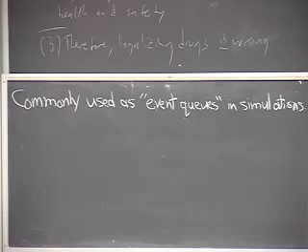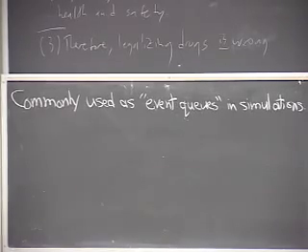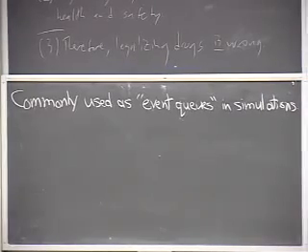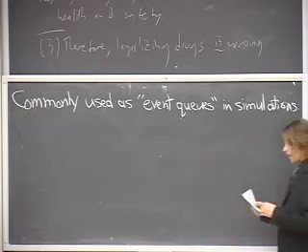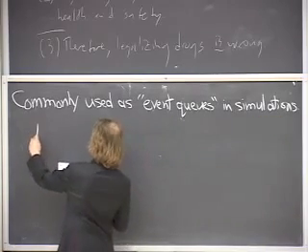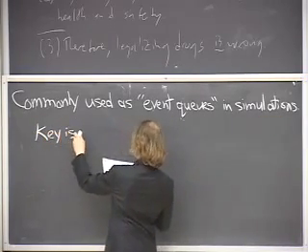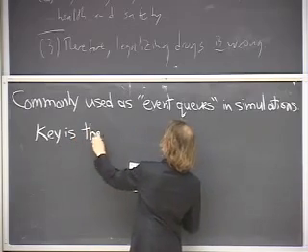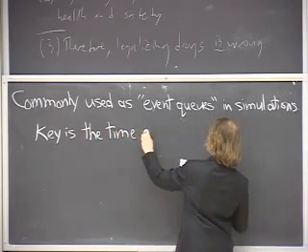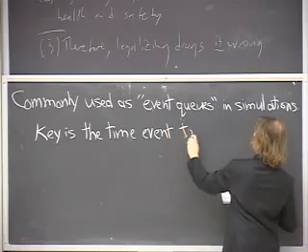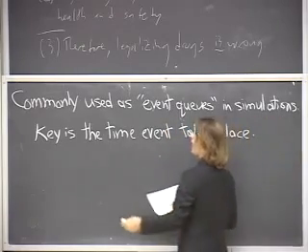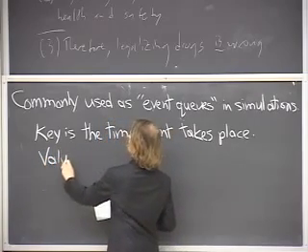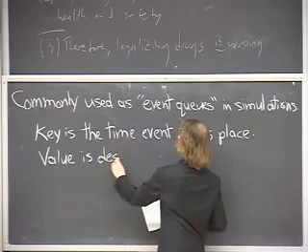The key associated with each entry is the time when an event is going to take place. And the value associated with that key is what the event is, a description of the event that will take place. So again, in that case, the key is the time that the event takes place. And the associated value is a description of the event.